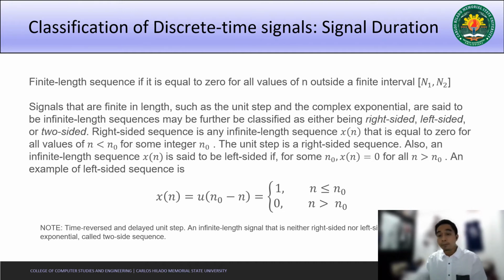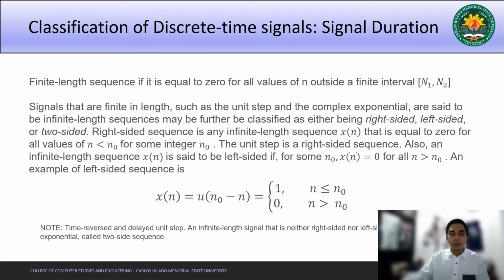The unit step is a right-sided sequence. An infinite length sequence is said to be left-sided if x of n is equal to 0 for all values of n greater than n sub 0.